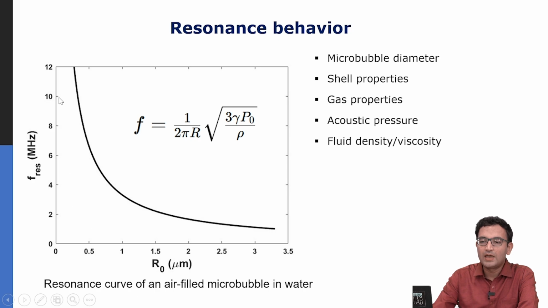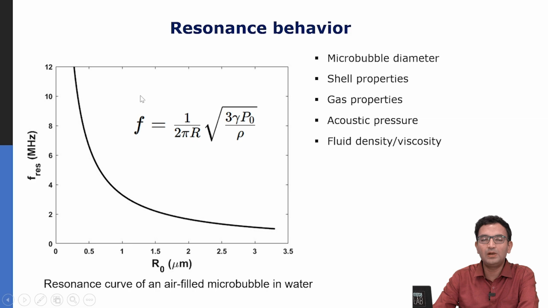So now, if I want a bubble that would resonate at about 10 megahertz, then you can see that the resonant radius would be about 0.5 microns, slightly less. Similarly, if I want a bubble to resonate at about 4 megahertz, then the resonant radius would be probably about 0.8 micrometers, closer to 1 micrometer. So this inverse relationship holds.